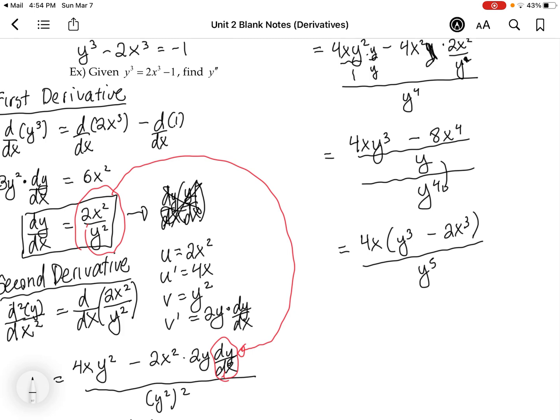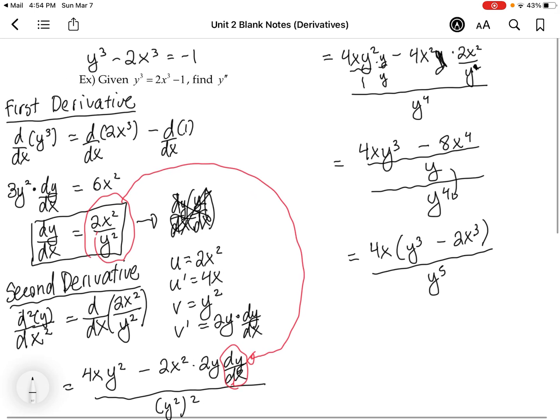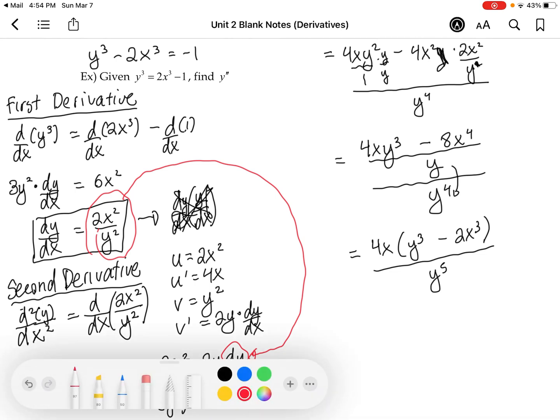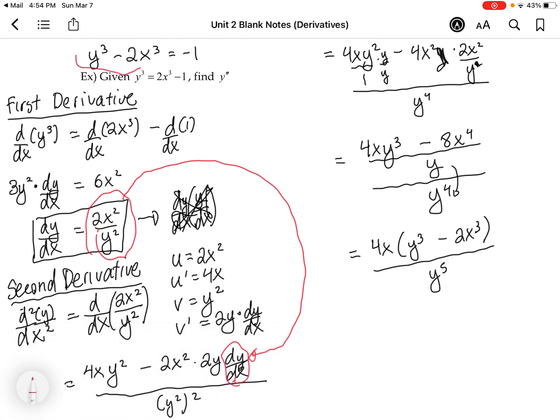Okay, now let's go back to the first thing that I did, which I said I was going to come back to, which was, over here, I took this piece and I brought the 2x cubed over to the other side so that one side was equal to y cubed minus 2x cubed and one side was equal to -1.